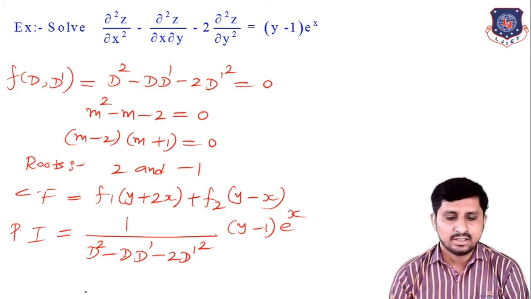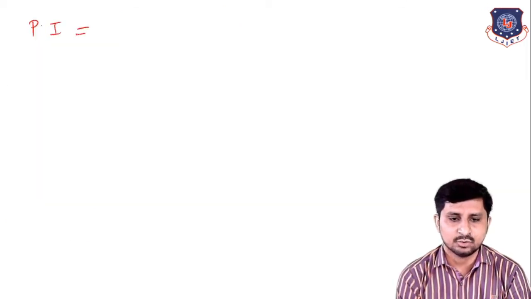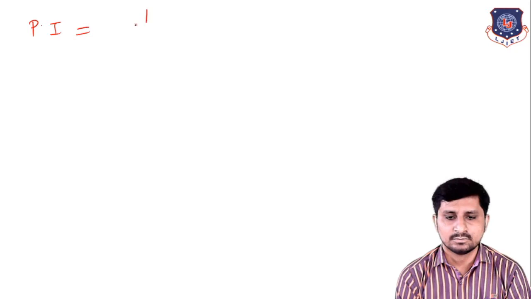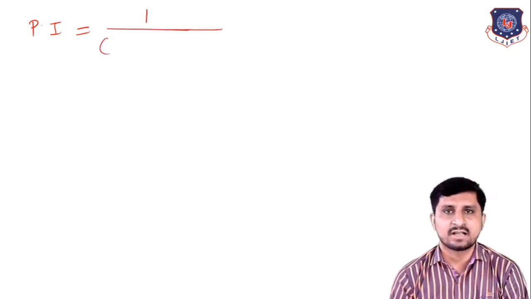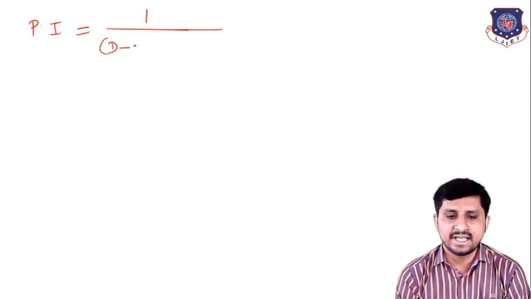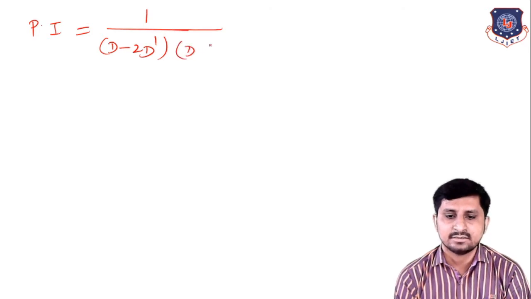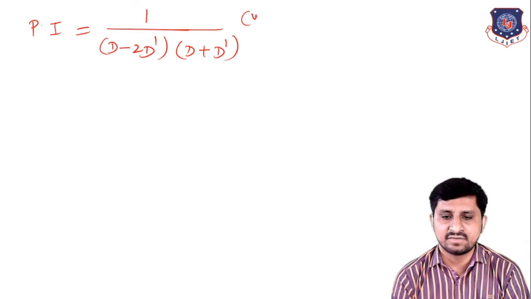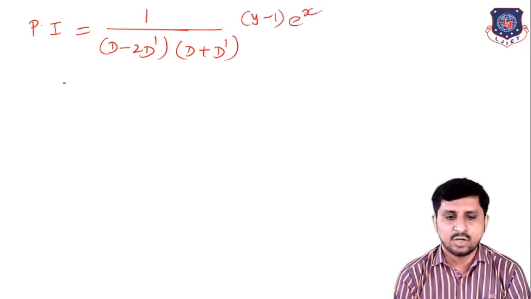So we can write the particular integral equal to 1 upon (D - 2D')(D + D'), because the roots are 2 and -1, and the function is (y - 1)e^x. Now operate both linear factors one by one.